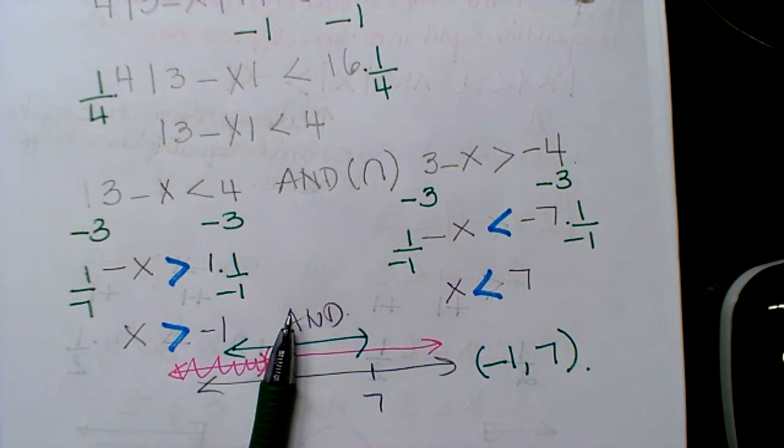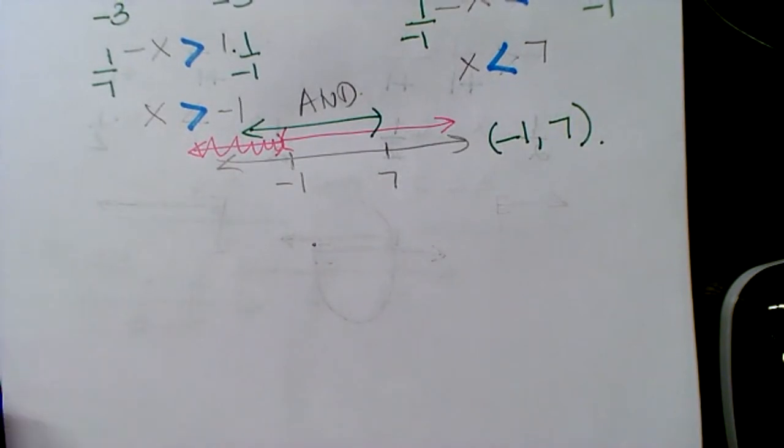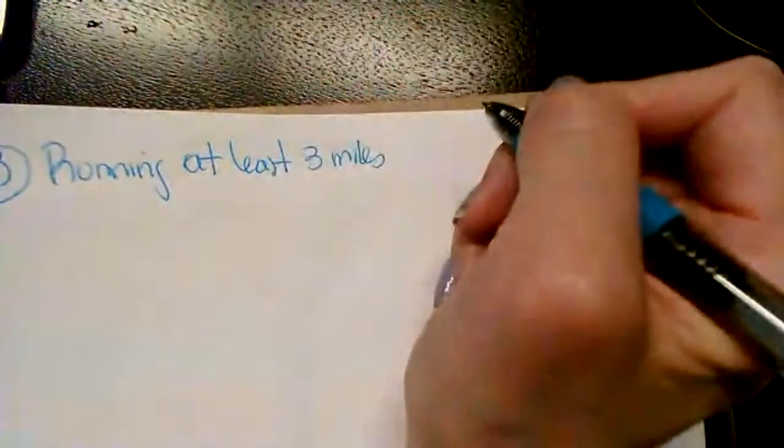let's do the other scenario. We did running exactly 3 miles. We did running at most 3 miles. And now we're going to do at least 3 miles. Running at least 3 miles.